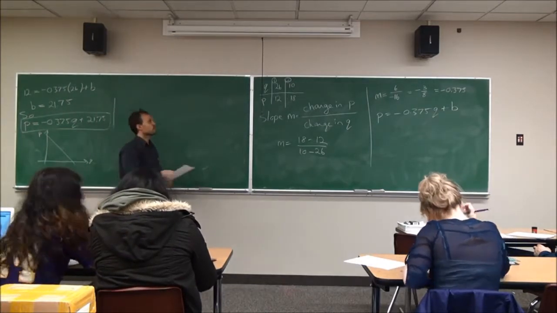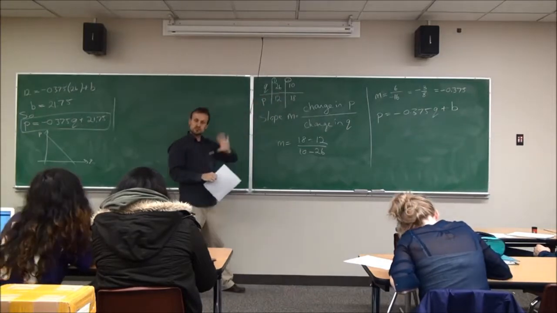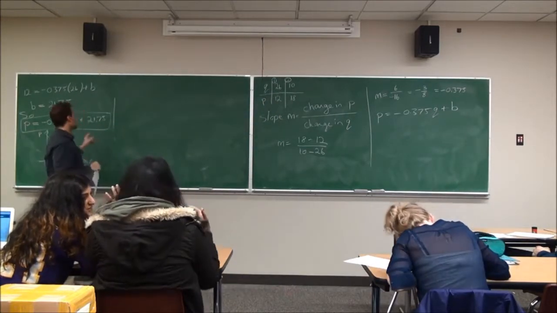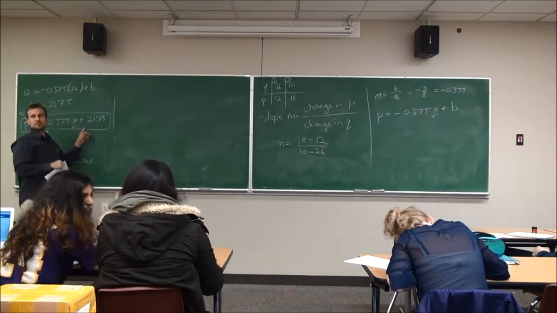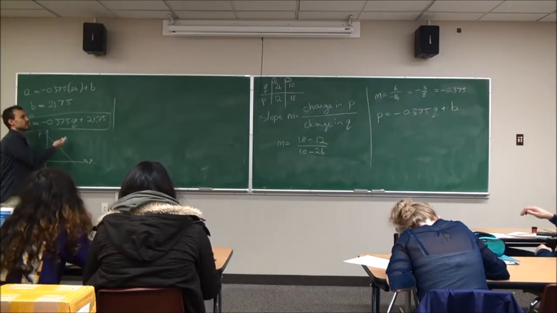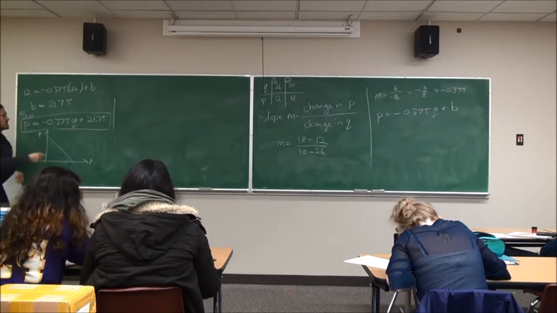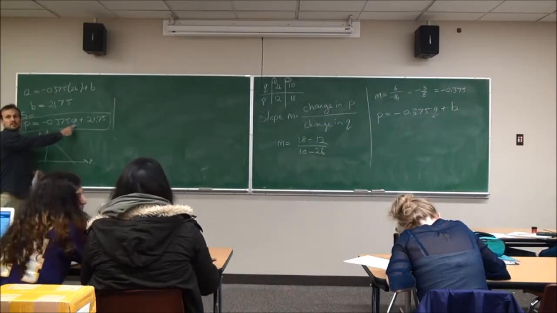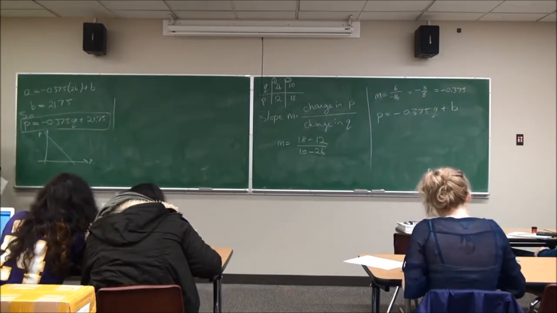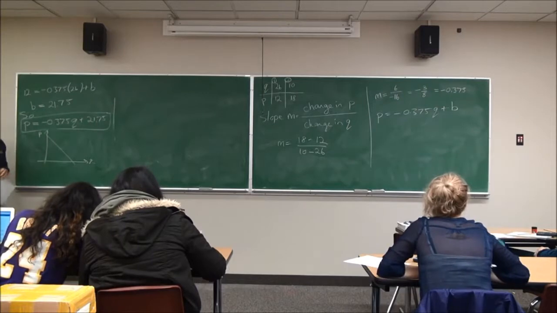But Q equal to 26 represents 26,000 CDs. My equation is going to look different, but the result's the same. If you want to know what is the price if I sell 15,000 CDs, I put 15 in there. So it's based on how I chose to define Q. You can define it in thousands, as long as you stick to that.